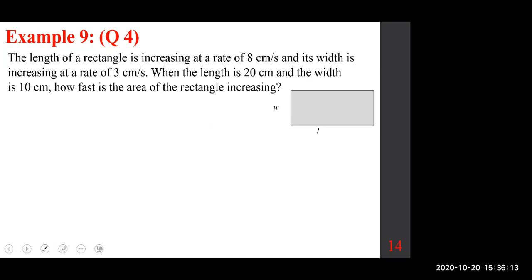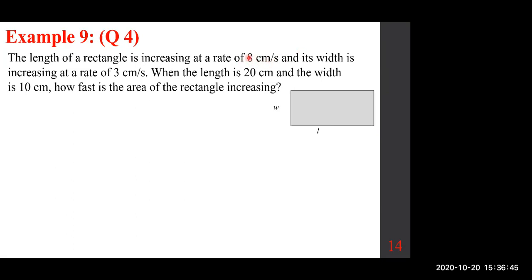So, pretty straightforward. We want to see what's going on. First, it's asking how fast the area is increasing. That means we should relate the area to the width and the length. As you all know, the area is length times width. The length of the rectangle is increasing at a rate of 8 centimeters per second, that means dL/dt.